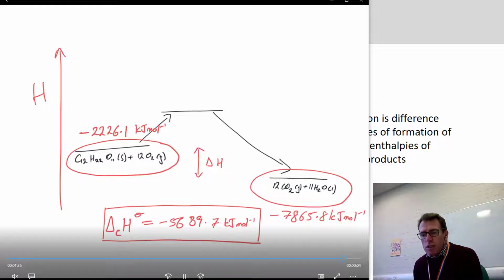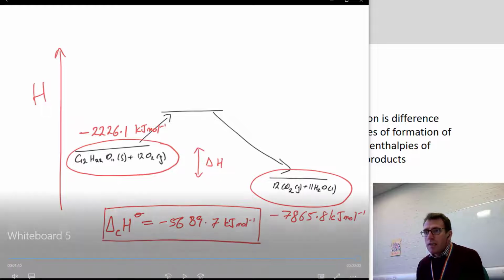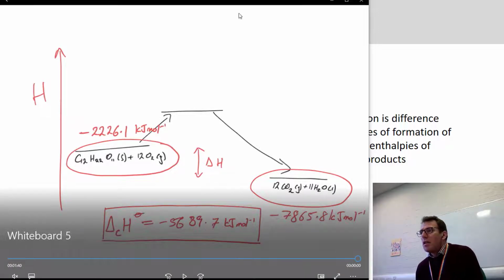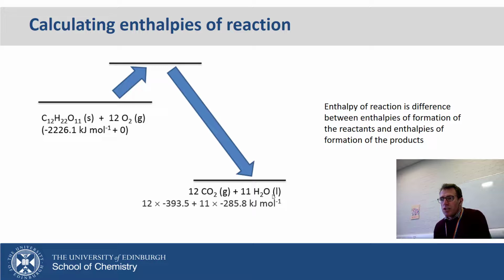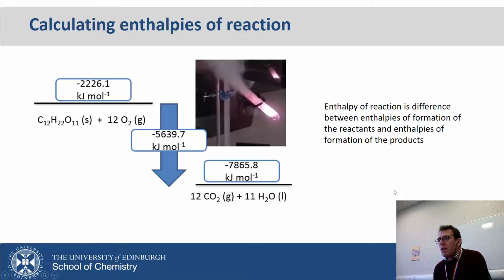So this use of enthalpies of formation is a really powerful way of working out enthalpies of reaction, because it means we don't have to go into the lab to actually work it out. We can just use enthalpies of formation to work that out. So here we had our sum of enthalpies of formation of our reactants, sum of enthalpies of formation of our products.